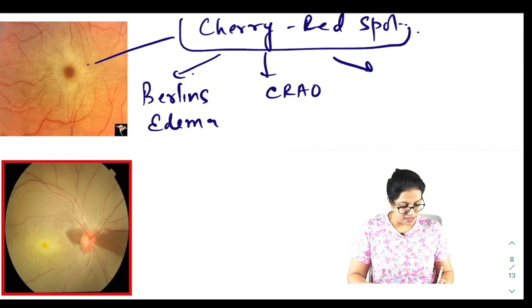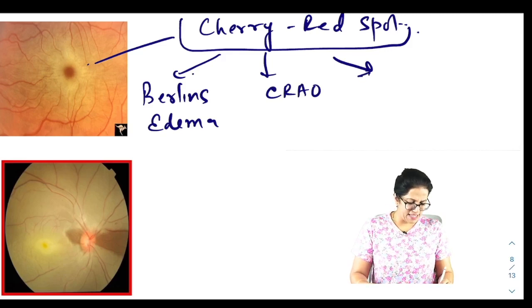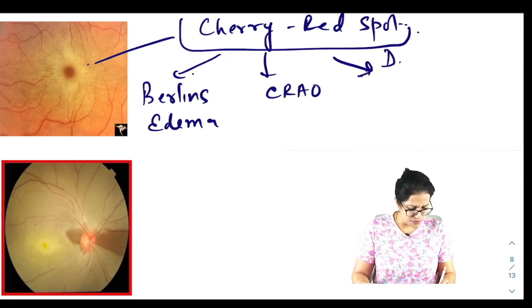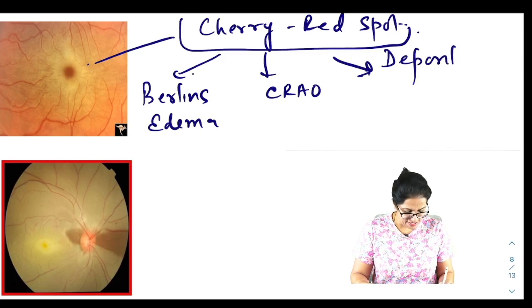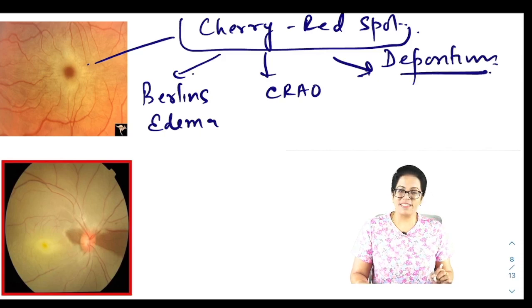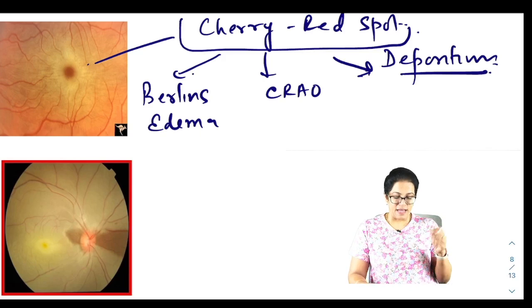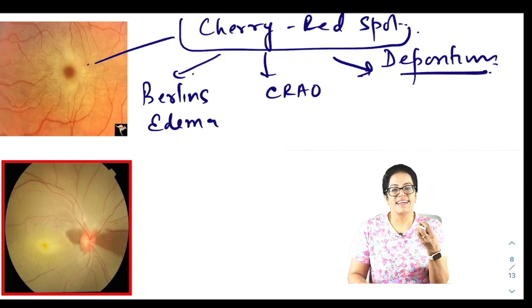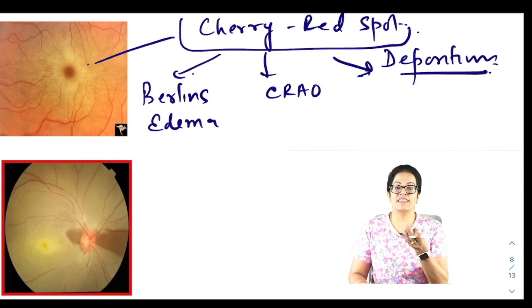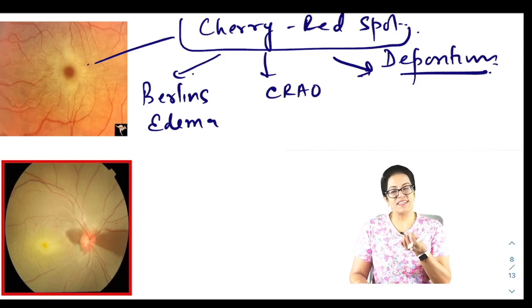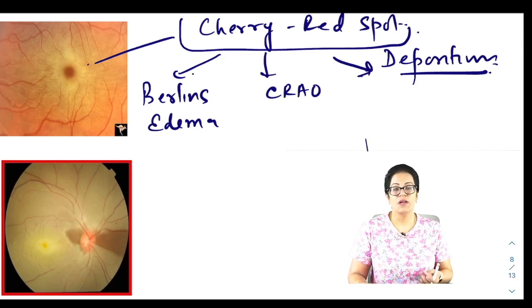And third is gangliosidosis and sphingolipidosis, which you can call deposition. Keep in mind Tay-Sachs disease, Niemann-Pick, Gaucher's type 2. There is a debate here, but yes, we get cherry red spot in Gaucher's, Krabbe's, Sandhoff, sialidosis, GM1 gangliosidosis type 2. All these are causes of cherry red spot.